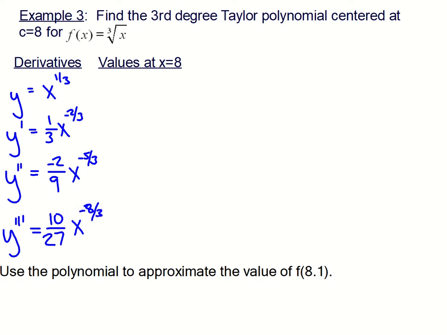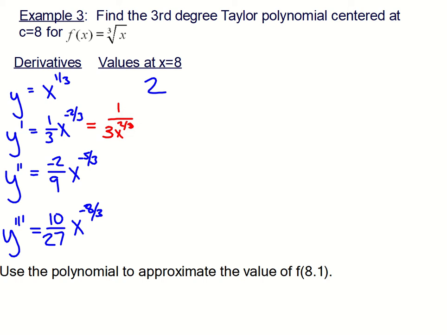To evaluate these at x equals 8, we're not using a calculator here, right? One of the benefits of a Taylor series is that you can calculate things and approximate them without a calculator. So we know that the cube root of 8 is 2. X to the negative 2/3 power, if you need to rewrite that to remind yourself, is the same thing as 1 over 3 times x to the 2/3 power here.